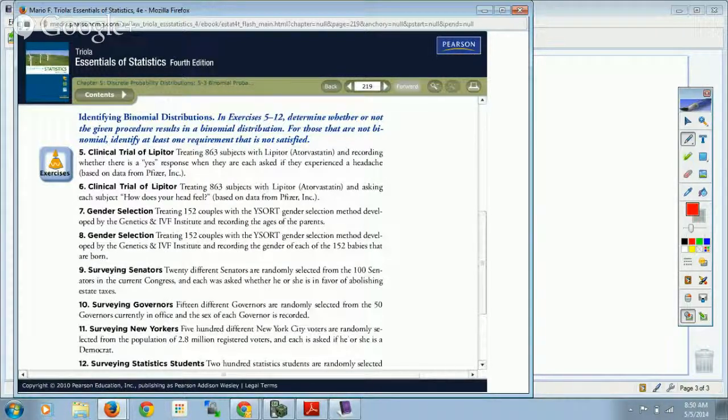If we pull one person out of 2.8 million, we might argue that we still have independence there, because losing 1 out of 2,800,000 isn't a big deal. So one might argue that that is a binomial distribution, and we could certainly approximate it with one. So that's a possibility there.